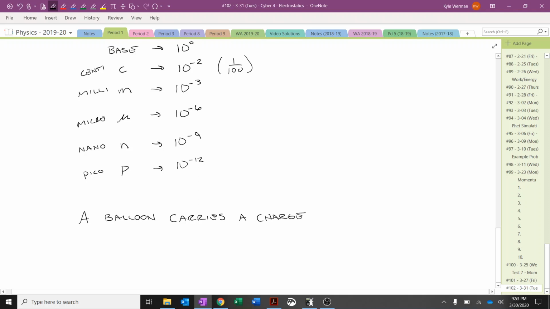And if we were to quantify that charge, we can say maybe it has a charge of negative 40 nC, which is nanocoulombs. So the question I have for you would be, if that is its charge, that charge comes from having extra electrons. How many extra electrons are on that balloon?